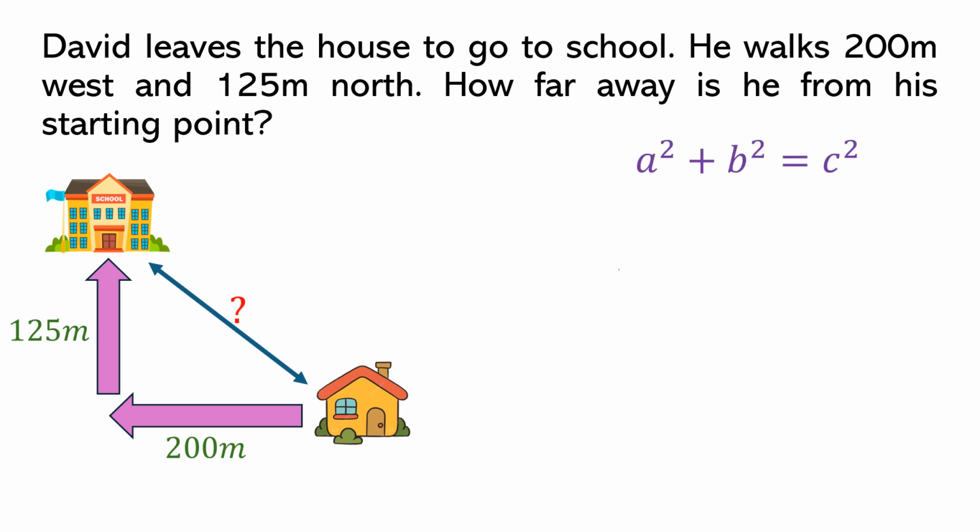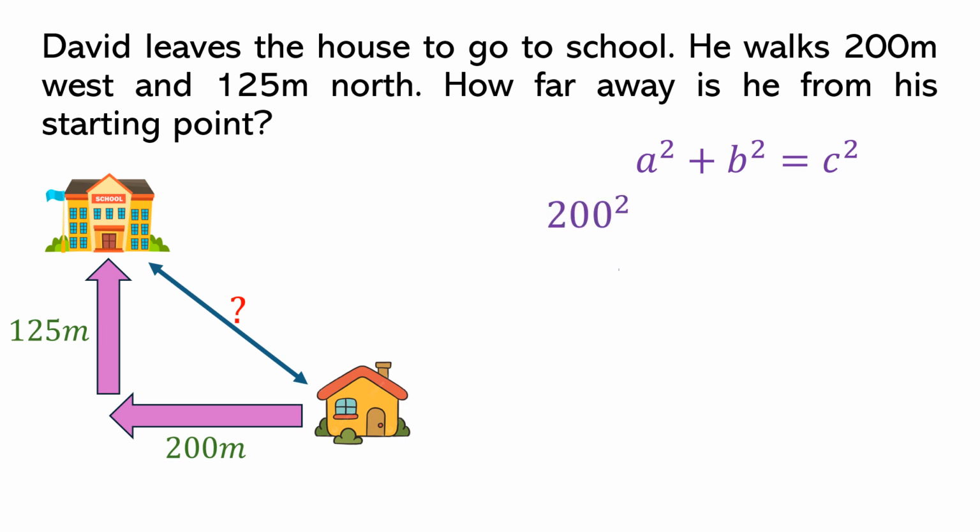So we're going to put the equation for the Pythagorean theorem. Again, it's saying that the sum of the squares of the shorter sides is equal to the square of the hypotenuse, or the longest side, which is the one missing. So let's replace the shorter sides.